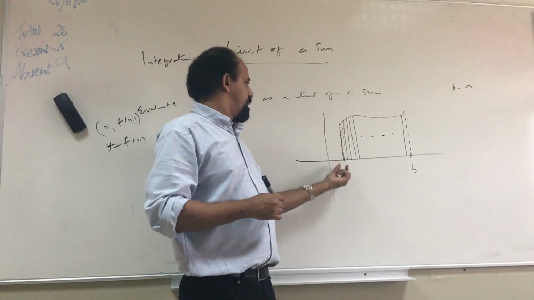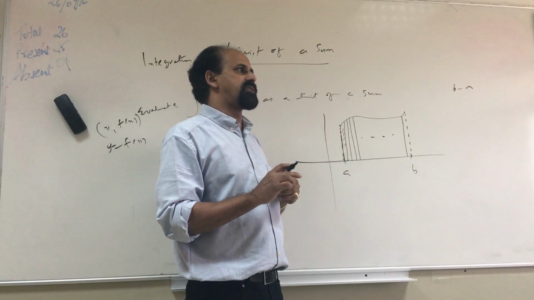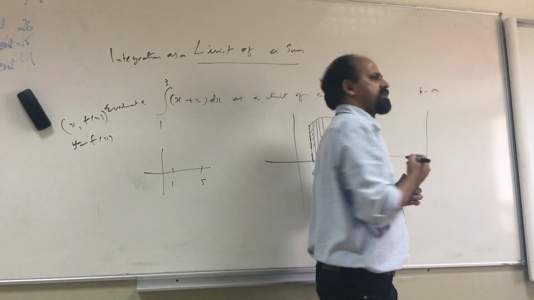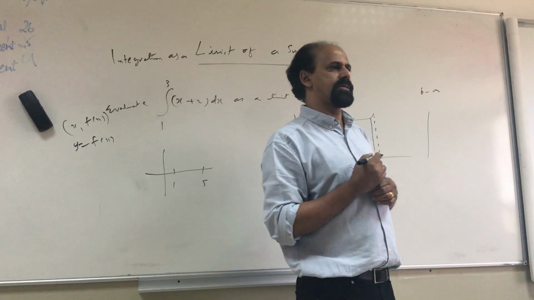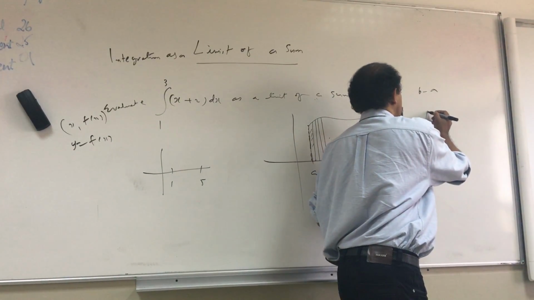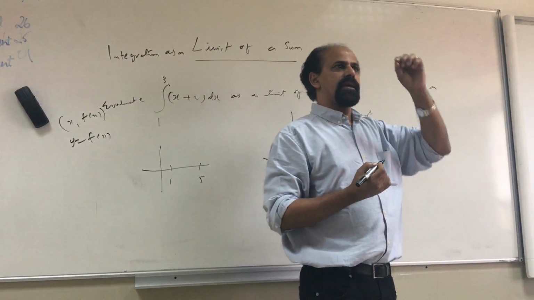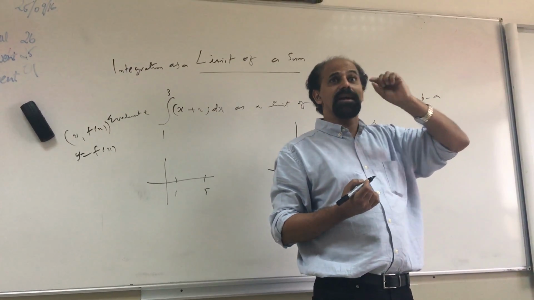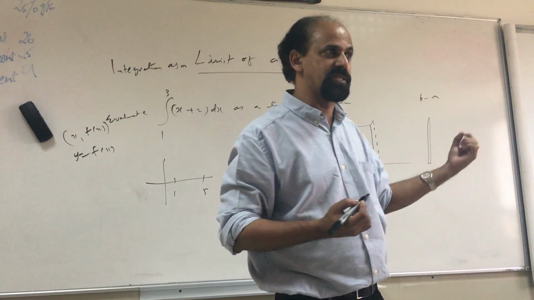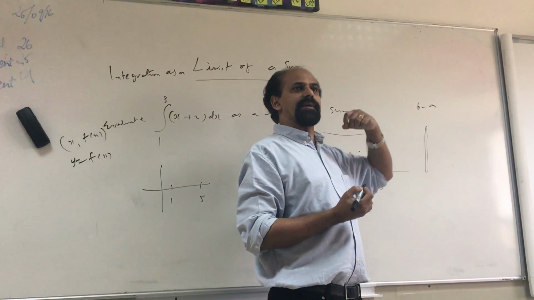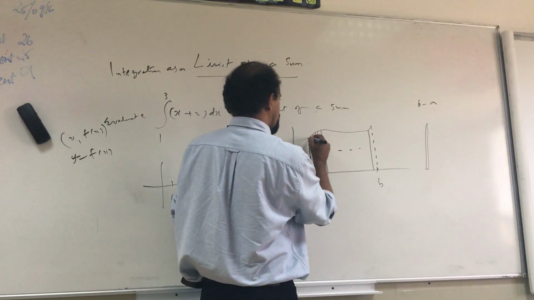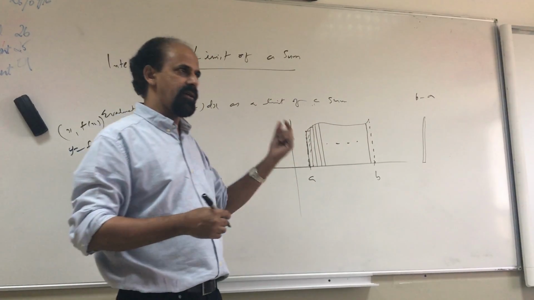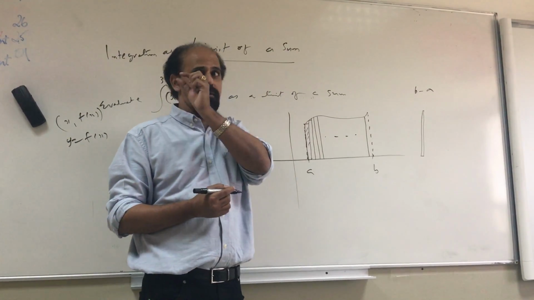Even if the top is a little not straight, considering h is very small, the width is small, you can consider that as a rectangle. So I'm just ignoring that little bit of the top, and everywhere we'll be considering it as a rectangle. Again, don't forget, we are taking a very small interval.